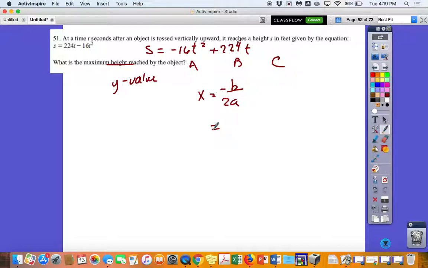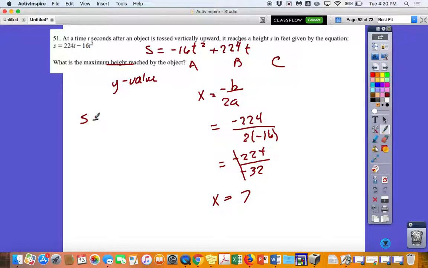That means I've got negative 224 over 2 times negative 16. So negative 224 over negative 32. Well, I know those cancel. 224 divided by 32 is 7. Well, that's the x value. That's not what I want. So go back and do 224 times 7 minus 16 times 7 squared. So just type it in.